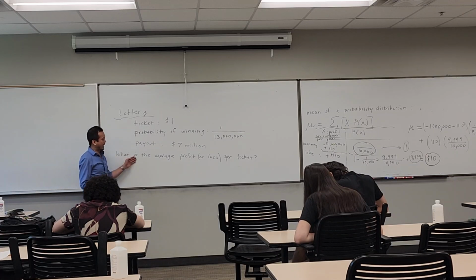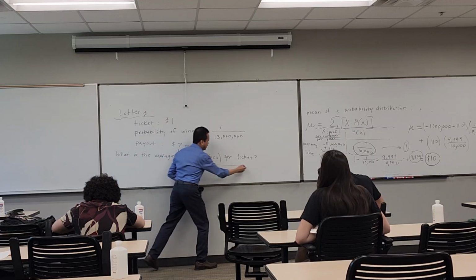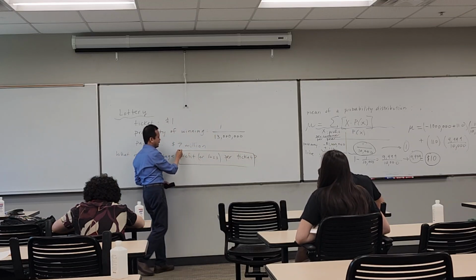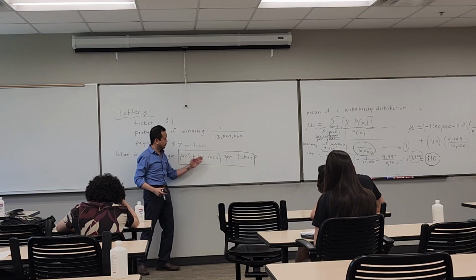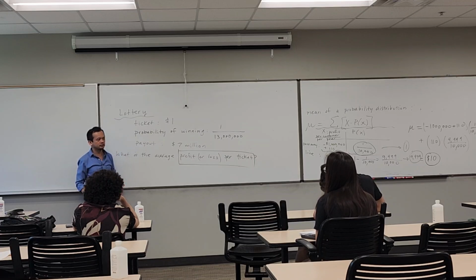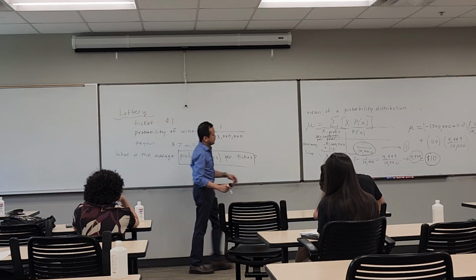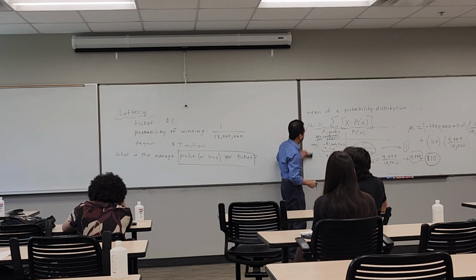So again, we're trying to find the average value of some variable here. And the quantity we're trying to find the average of is this profit or loss per ticket. So whatever it is we're trying to find the average of, we're going to make that our variable in the probability distribution. So we're going to set up a similar probability distribution as before and find the average.